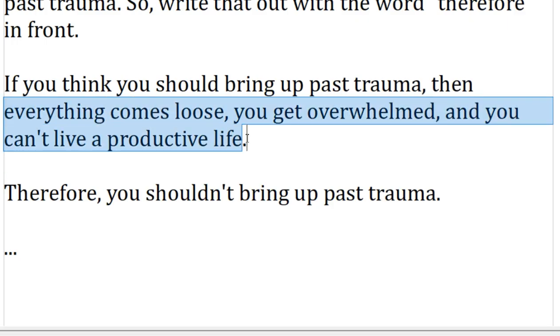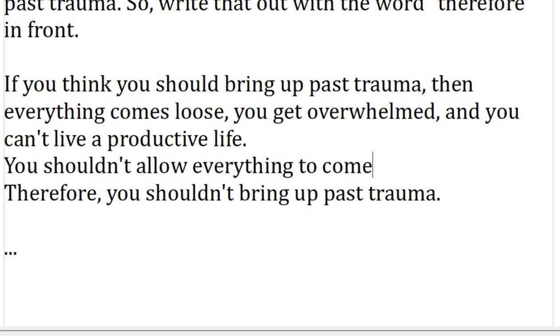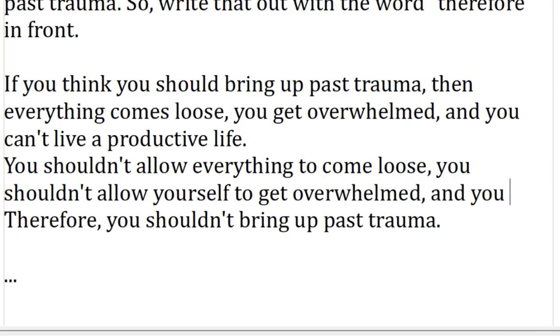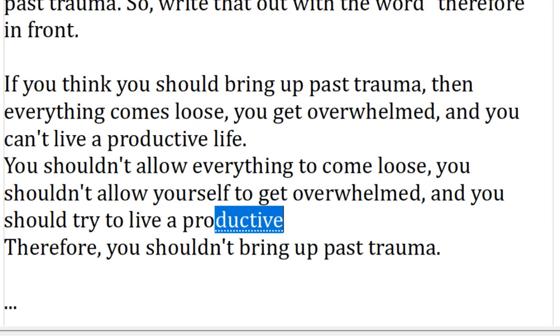They're going to deny everything after the then. They're going to say, you shouldn't allow everything to come loose. You shouldn't allow yourself to get overwhelmed. And you should try to live a productive life.